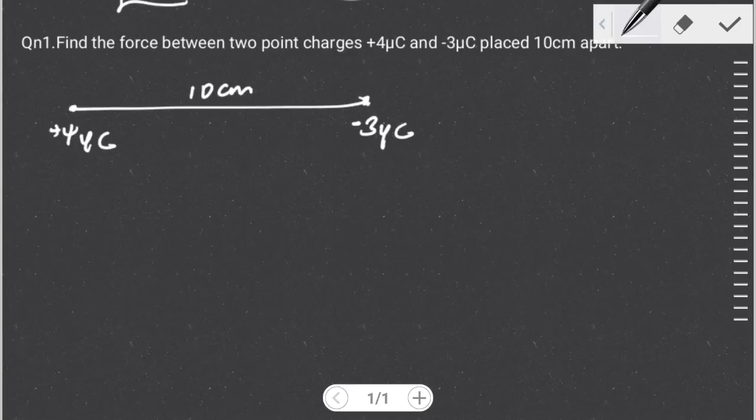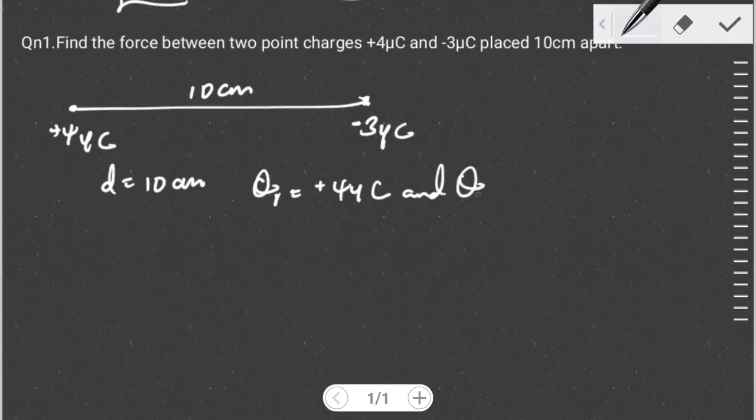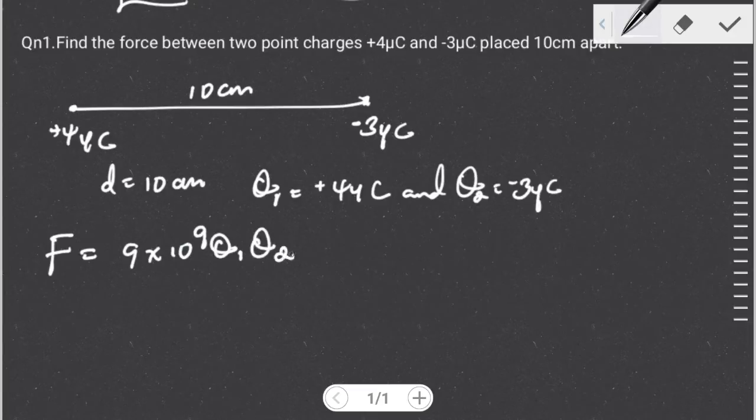From Coulomb's law, we know that the distance of separation d is equal to 10 centimeters, charge 1 equals positive 4 nanocoulombs, and our Q2 is equal to negative 3 nanocoulombs. Therefore, the force between these two point charges would be equal to 9 times 10 to the power 9 times charge 1, charge 2, over the distance of separation squared.